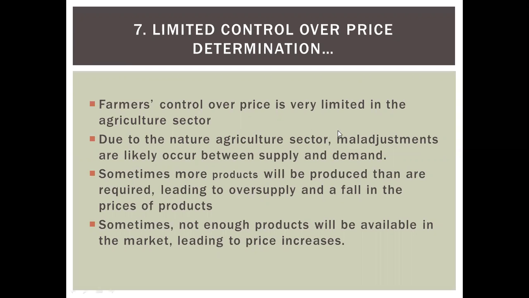Due to the nature of the agriculture sector, maladjustments are likely to occur between supply and demand. Sometimes supply will be high. During harvesting, the supply of agricultural commodities may be high relative to the demand, and then the prices will go down. Sometimes more products will be produced than are required, leading to oversupply and a fall in prices. Sometimes not enough products will be available in the market, leading to price increases.